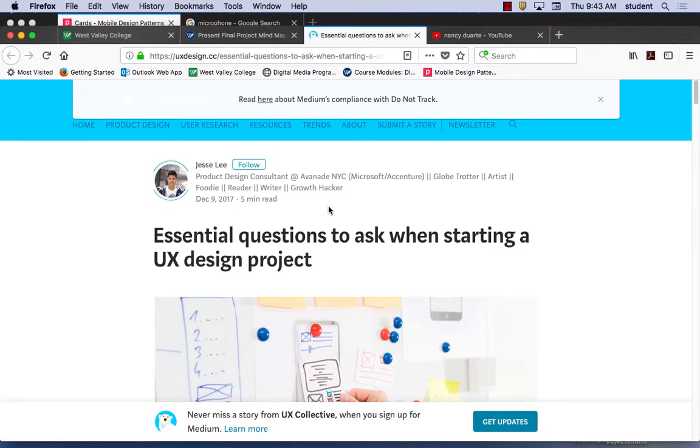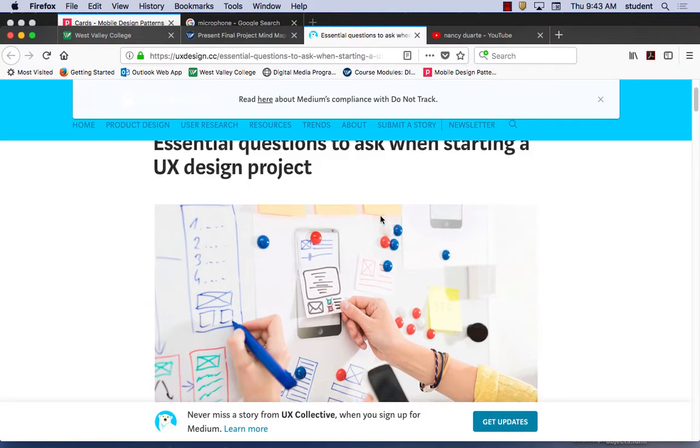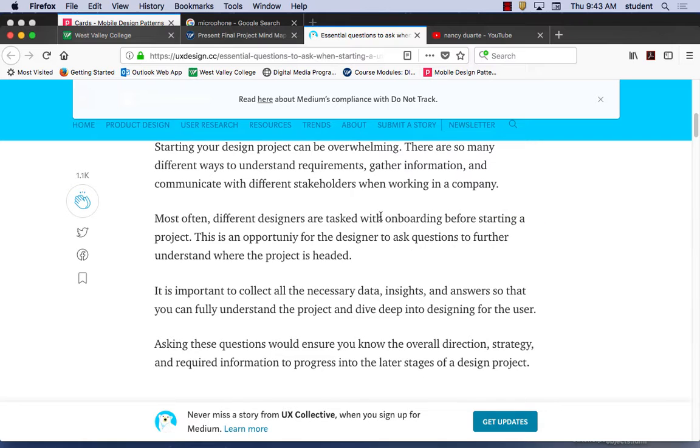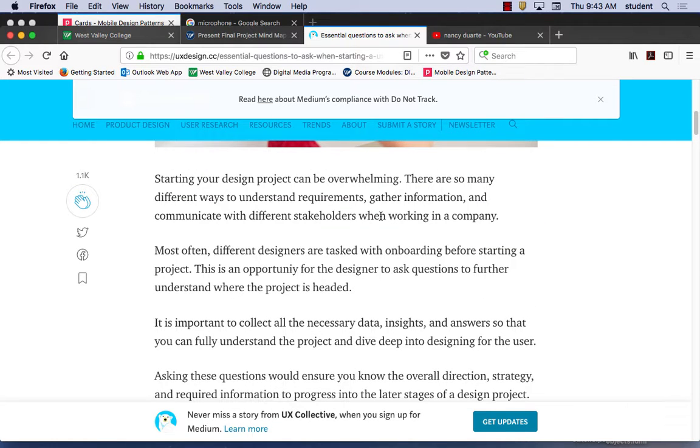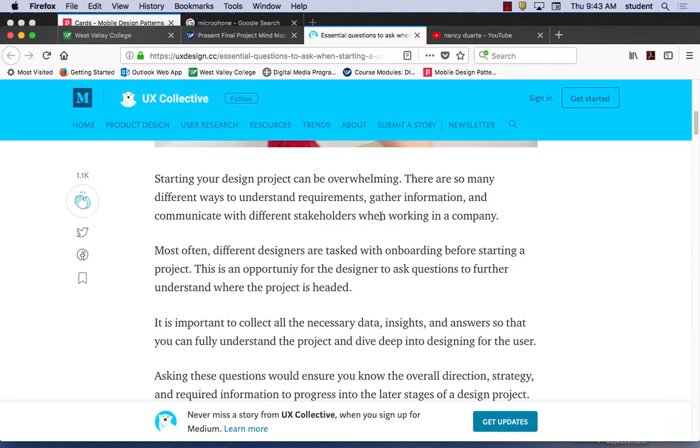So this is the reading here. Essential questions to ask when starting a UX design project. Okay, and this is just kind of general. You can go into a little bit more detail, but these are questions that you can ask. Starting your design project can be overwhelming. There are so many different ways to understand requirements, gather information, and communicate with different stakeholders when working on it.